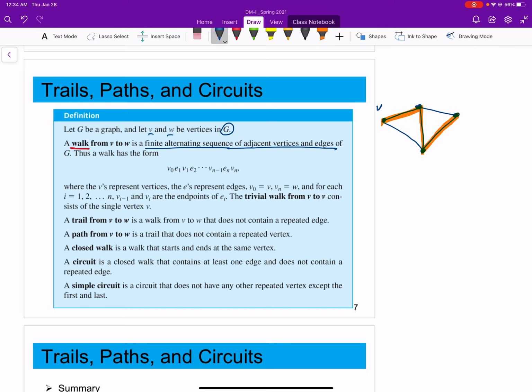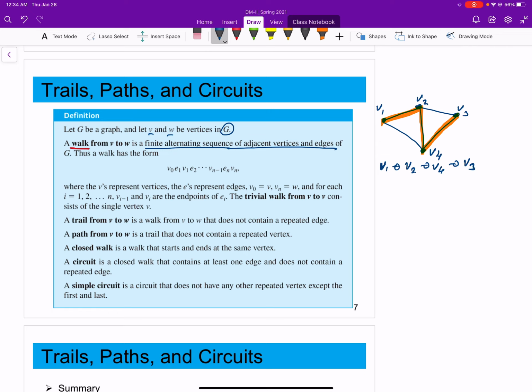Let's say this is V1, V2, V3, V4. So this walk can be given by V1 to V2 to V4 to V3.